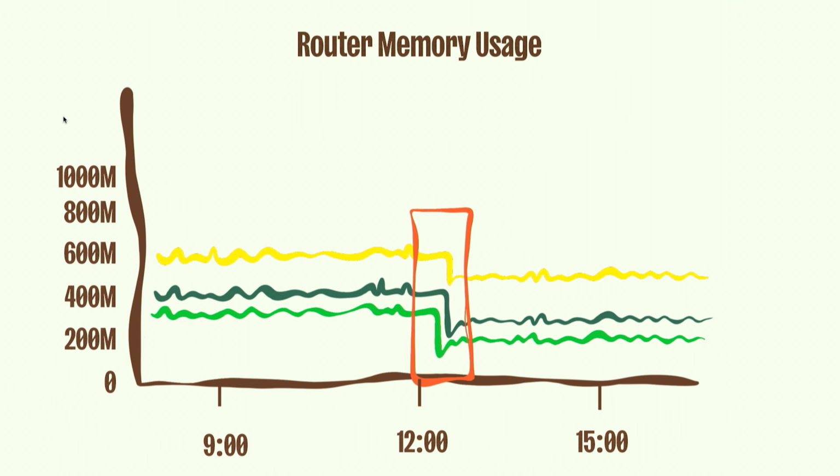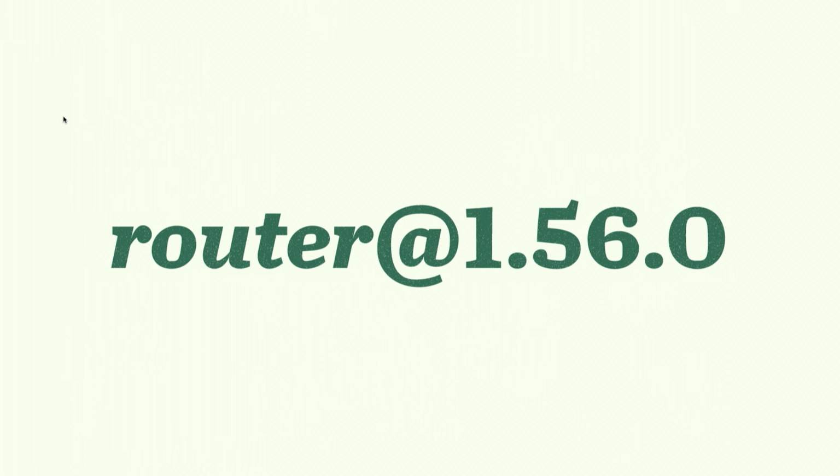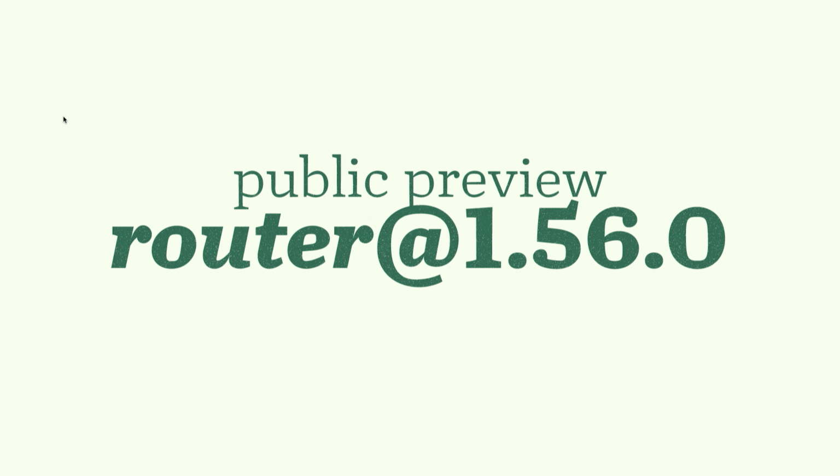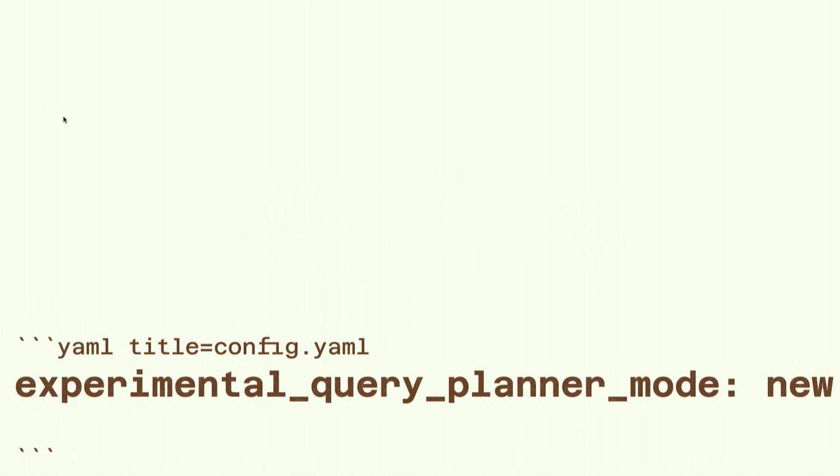But all of this leads up to the fact that router 1.56 has the public preview of this Rust implementation. And really, we want you to try it. In order for us to go to GA, we need your help to try it and tell us if you see anything that's missing or wrong. Here's how you enable it.